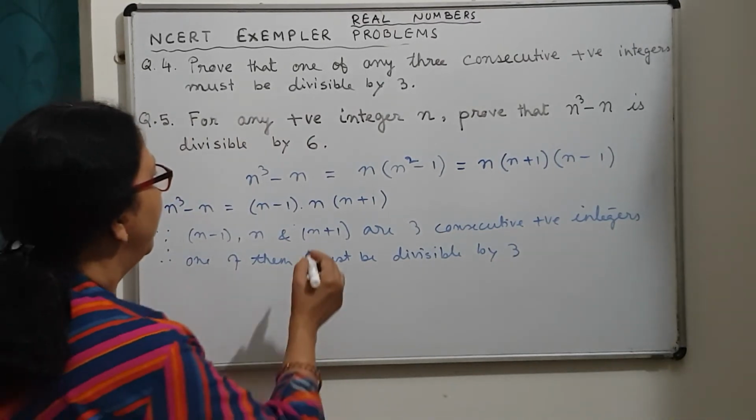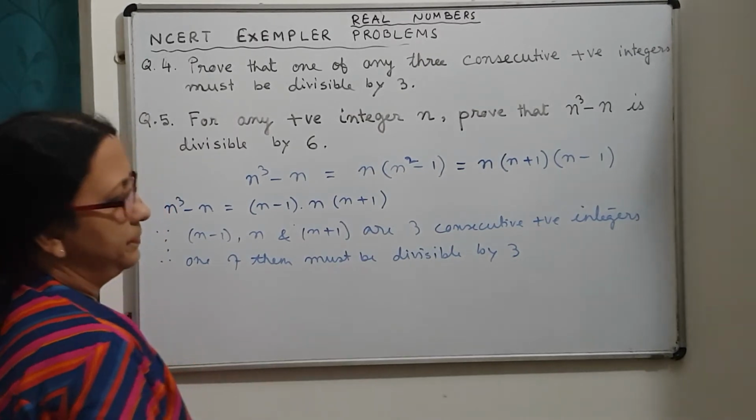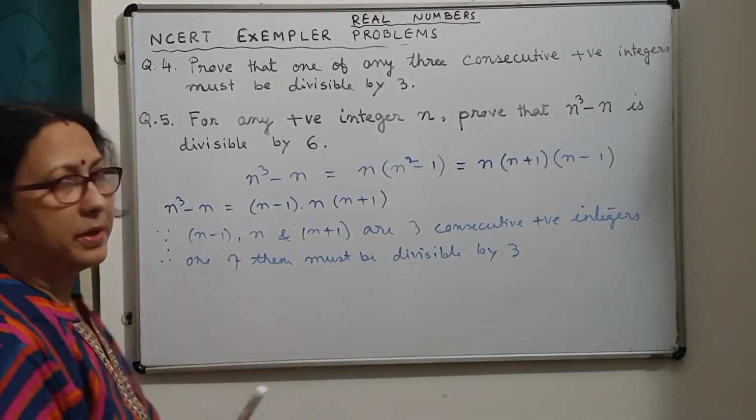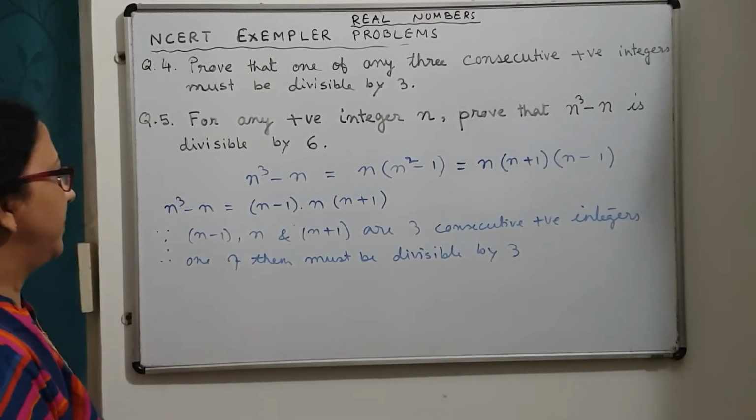And also, if you observe, the product of any 2 consecutive numbers is always even. I have shown you in the previous question.